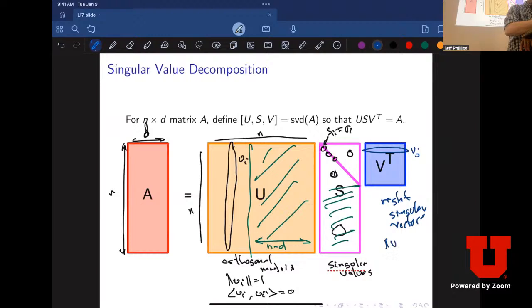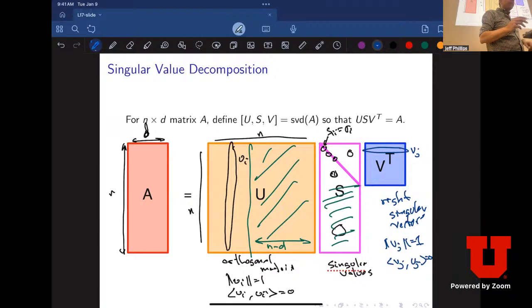The rows v_j have norm equal to 1, and v_j dot v_j prime is 0, so these are also orthogonal to each other. These rows v_j in the d-dimensional space give me a different d-dimensional basis. So I'm going to get a different set of coordinate axes. Think of the original coordinates, and I'm rotating them by this V matrix. I have d new coordinate axes, and I can write any point in this coordinate system.